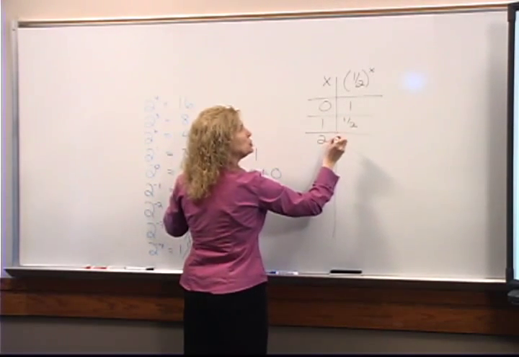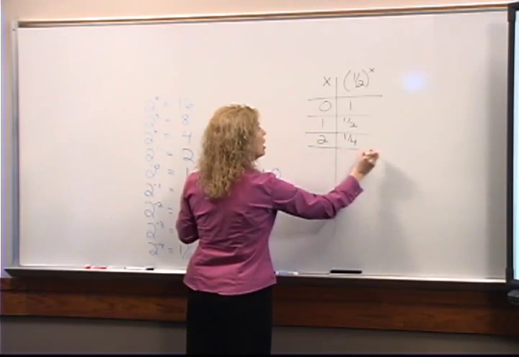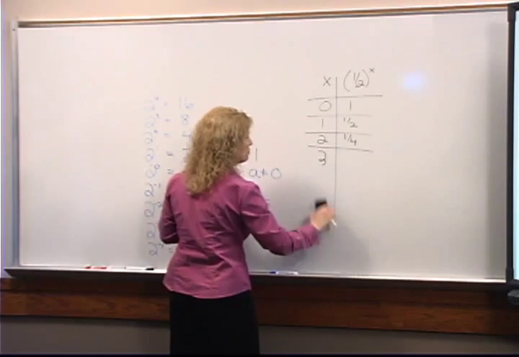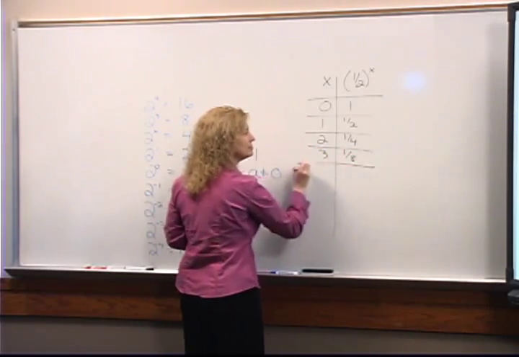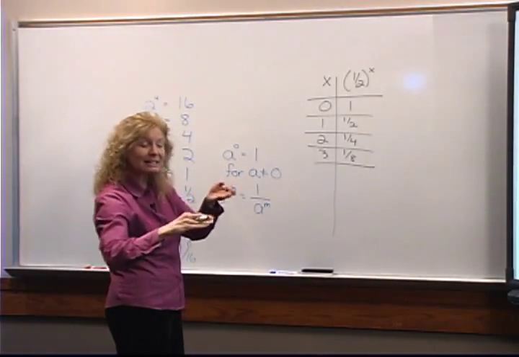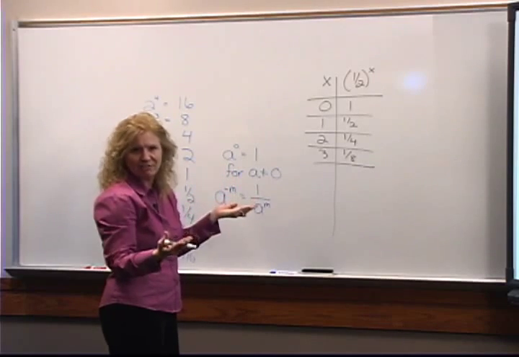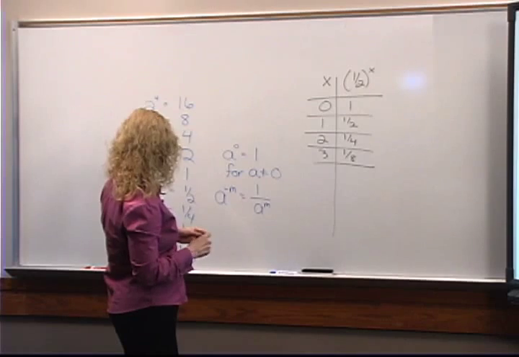If x is 2, we get 1/2 times 1/2, we get 1/4. Oh, that's kind of interesting. It's kind of going the opposite of that. And that kind of makes sense, right? Instead of doubling it, we're cutting it in half. It's an inverse idea.